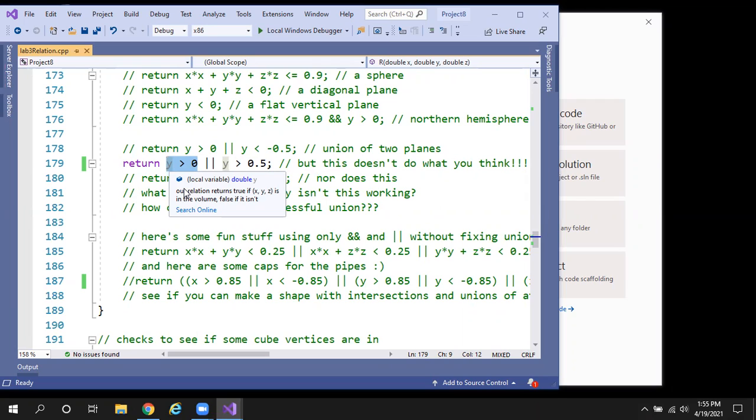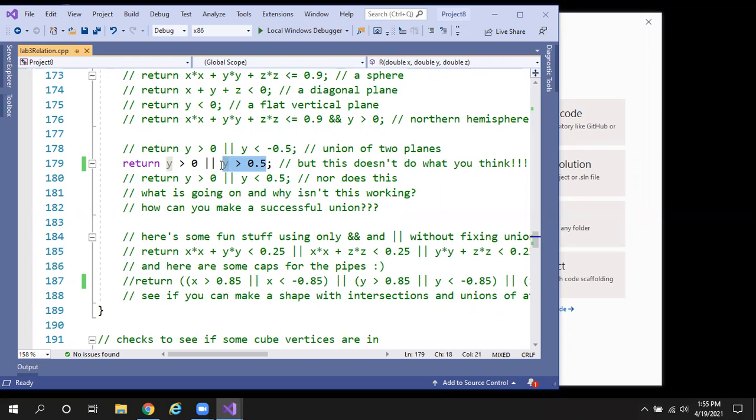Why? Because of the way that OR works, right? Let's use an example. I think that'll help. If you had a block that was at 0.49 for one of the corners in the y-axis and 0.51 in another corner, so it straddled that boundary, that is some particular block.